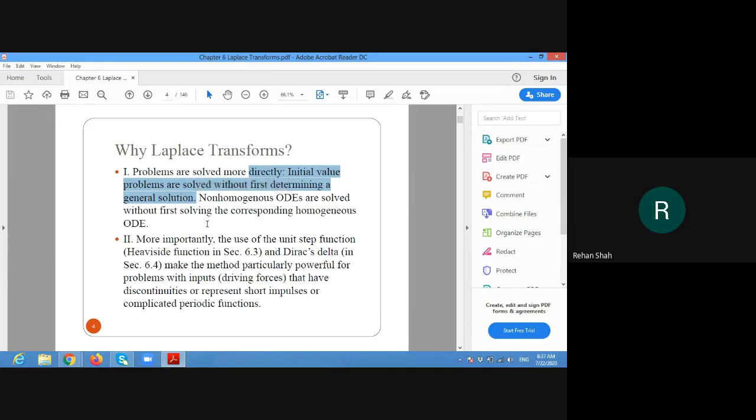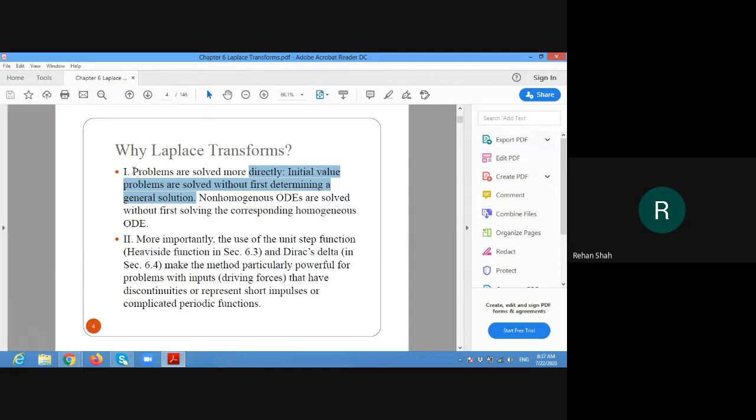In previous methods, you first find the general solution. For the general solution, you first solve the homogeneous part, then find the particular solution, then add these two. But in the Laplace transform, we will not find the general solution. We will find directly the specific solution.